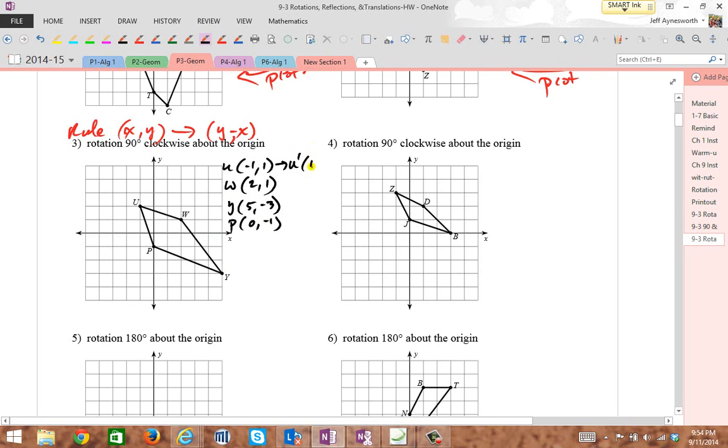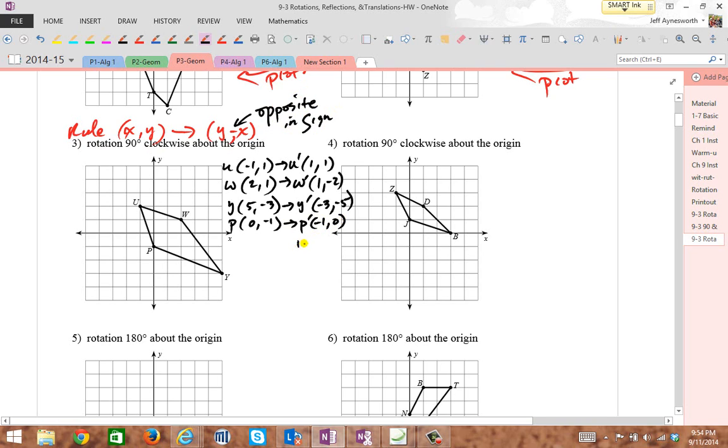All right, we switch, take the opposite of X. We get W prime, we switch, take the opposite of X. Y prime, we switch, take the opposite of X. Notice how I just take the opposite of the first coordinate. That's what that means. All right, remember this means opposite in sign. All right, and then P prime, what does that become? Negative 1 comma 0, because the opposite of 0 is 0.